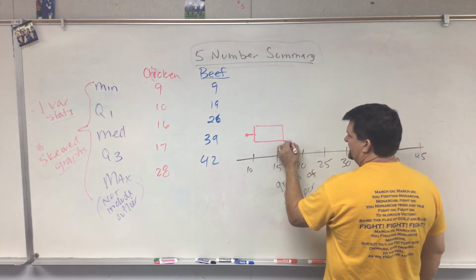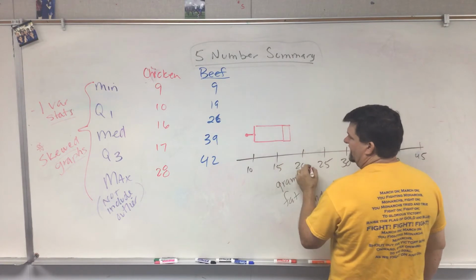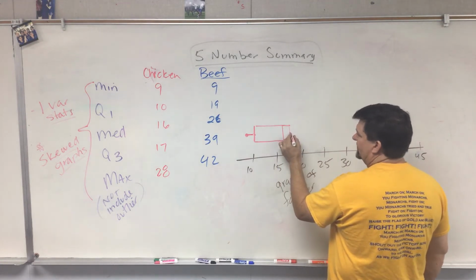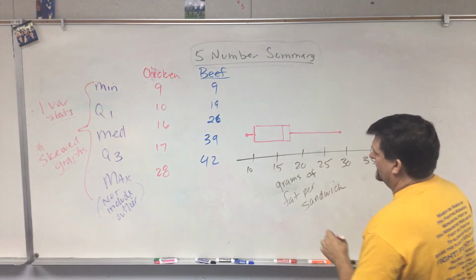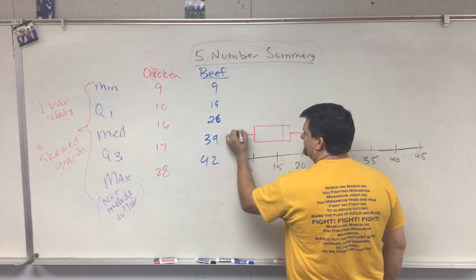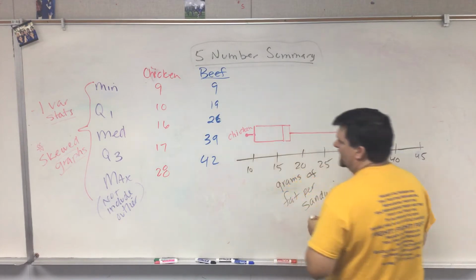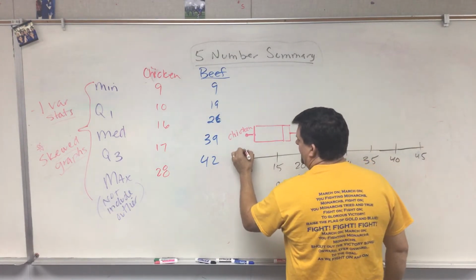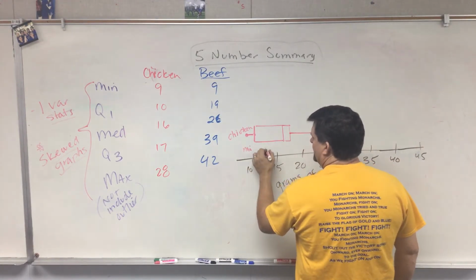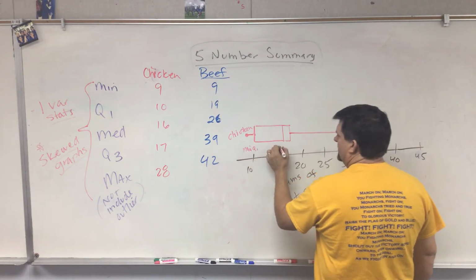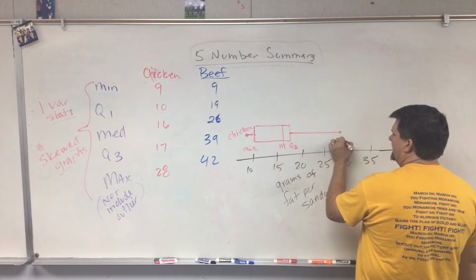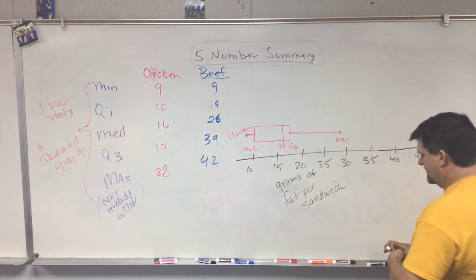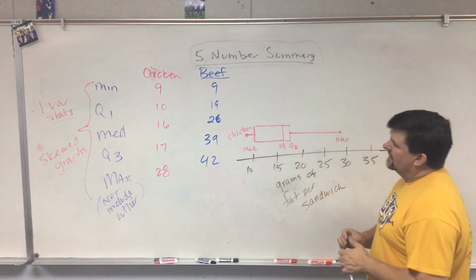And I'm going to go to 17. Finish the box, and then I'm going to go from Q3 out to 28 and put my data there. And remember, this is the chicken. So this is minimum, Q1, median, Q3, max.